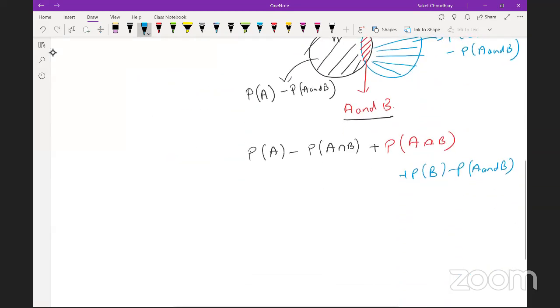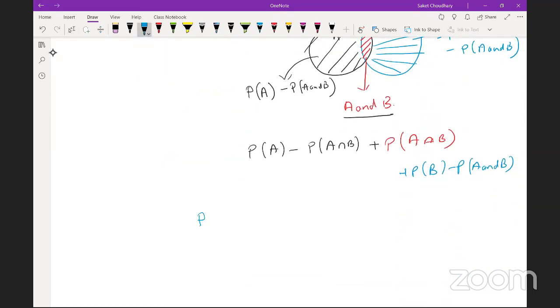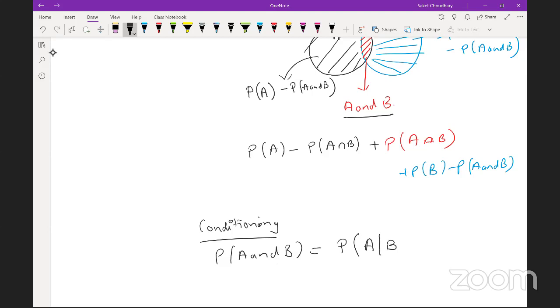One more formula that we learned that universally holds is conditionality, or conditioning. Any two events, A and B, can be written in this form. The probability that A and B happen is the probability that A has happened given that B happens, times the probability that B really happens.